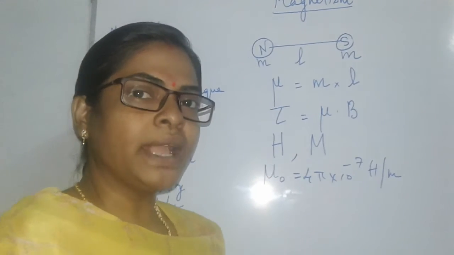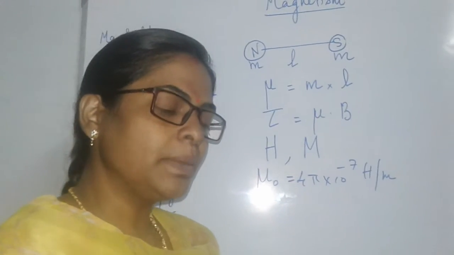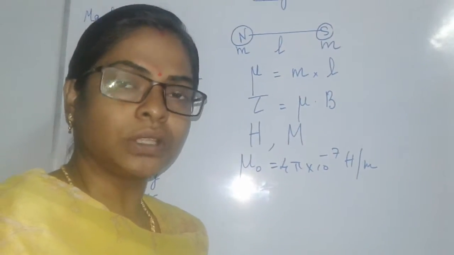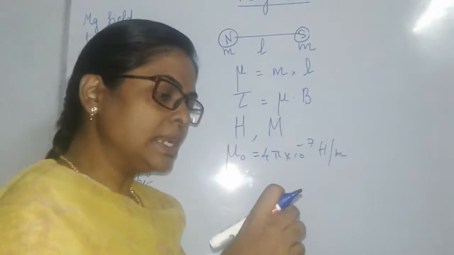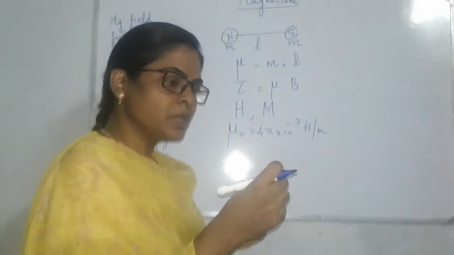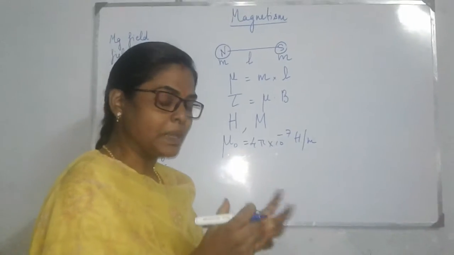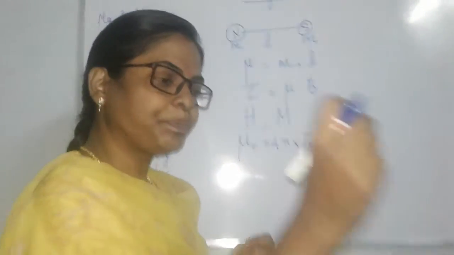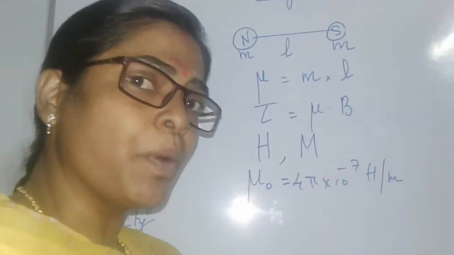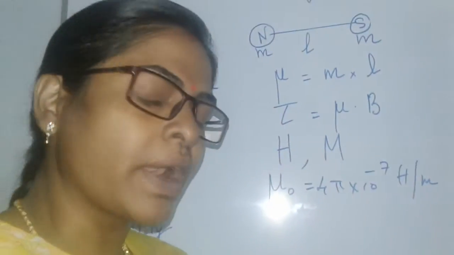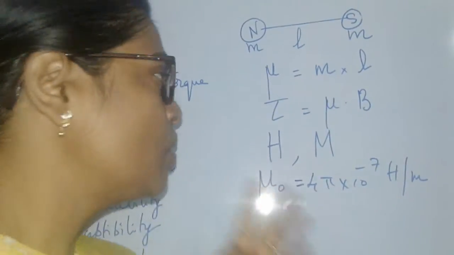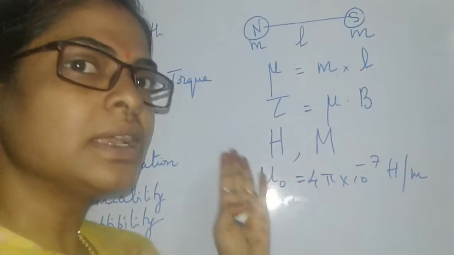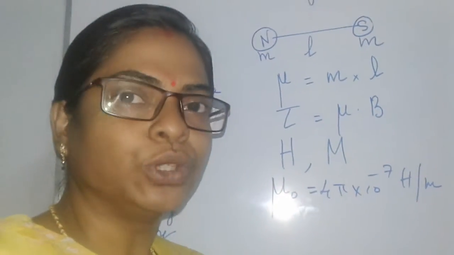If you take a magnetic needle and keep it near the north pole of a magnet, the needle will point in the opposite direction because of the north repulsion. If you place it at that point, you can draw lines of forces. They run from north to south. So the lines of forces are the lines running from the north pole to the south pole.